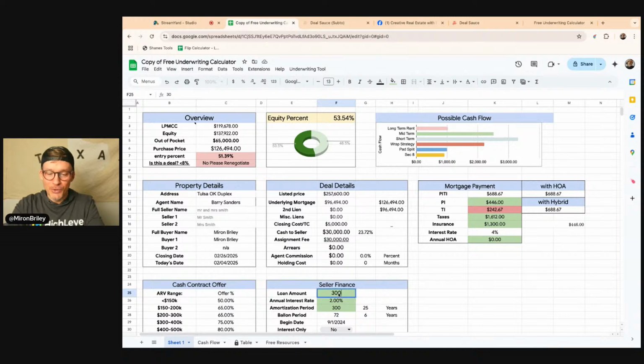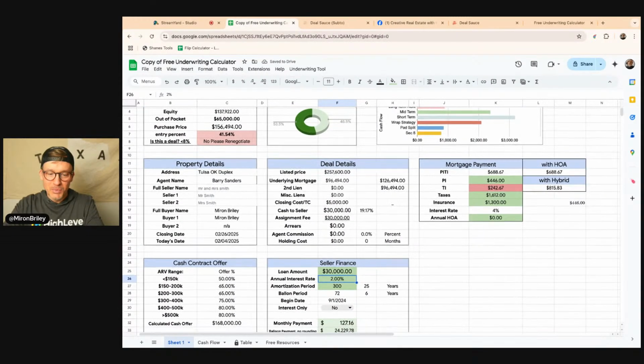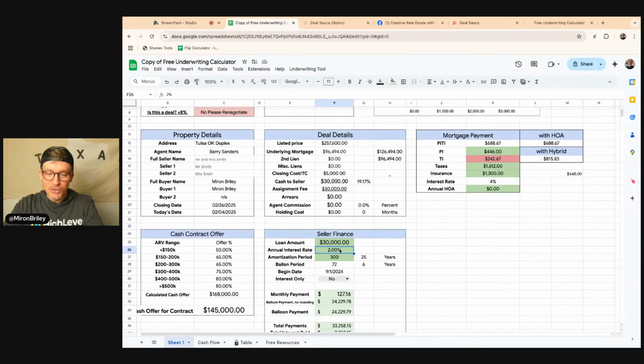Let's say I have to put another $30,000 on the loan. Okay. So I'm gonna give them another 30,000. That's on a 2% interest rate over 25 years. And that payment's gonna be 127 a month. So it's gonna add this, it's gonna add this, which is the taxes and the insurance, and it's gonna put it right here.